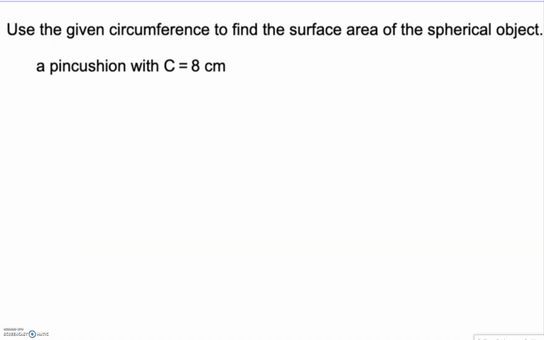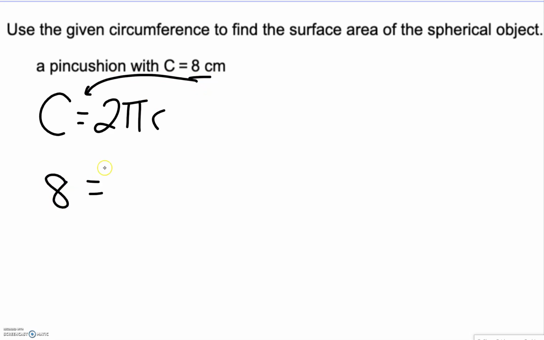Last question. Use the given circumference to find the surface area of a spherical object. Circumference is equal to 2 pi r, and we cannot find surface area without knowing what the radius is. I know the circumference is 8, so this gets plugged in over here.